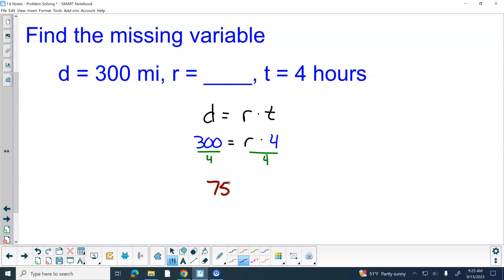Now, the kicker is, with word problems, listen to this before you leave. The kicker with word problems is, in every word problem, your answer needs to have a label. What would the label be in this problem?